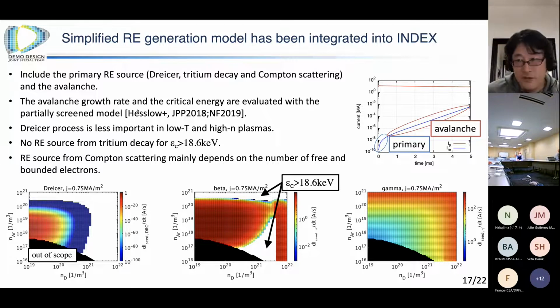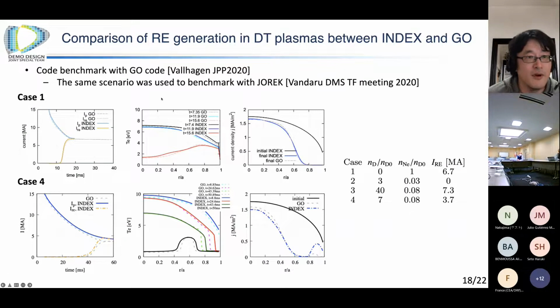And we have successfully implemented it, and we have also performed a benchmark of this simplified modeling with another code, the European code GO. This is a benchmark simulation of the runaway electron generation with different fractions of neon and deuterium in the plasma.